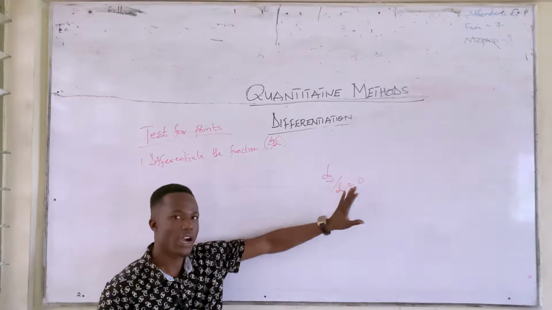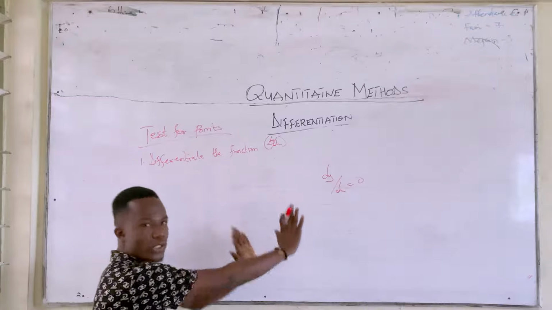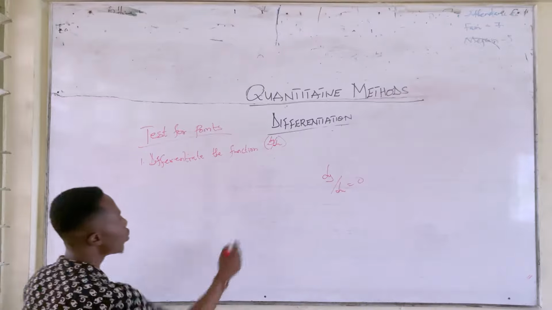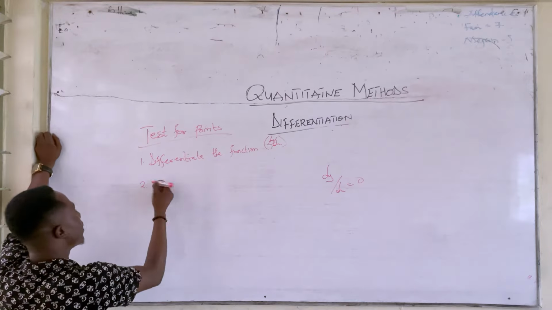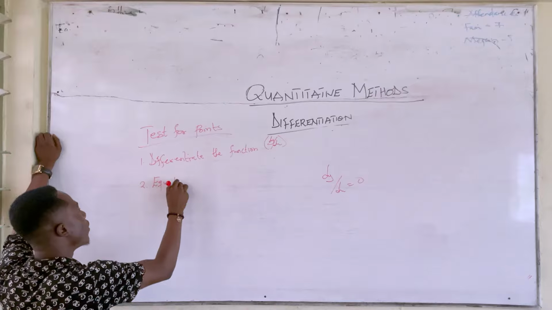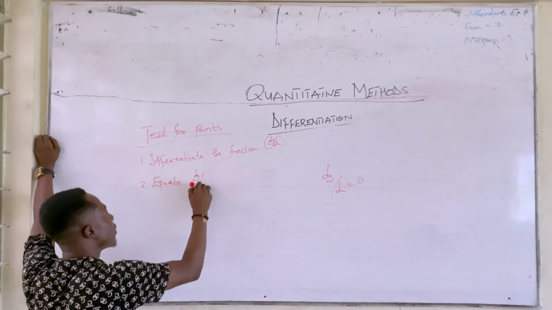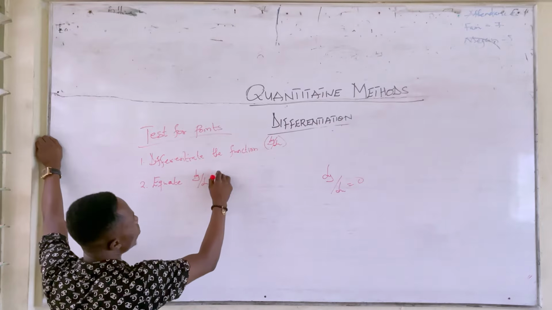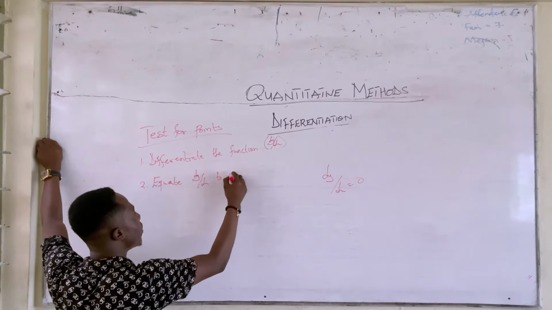Do you get it? That will help you to find the values for x before you get y, then you build the point. I hope you get that. So just equate dy dx to 0.